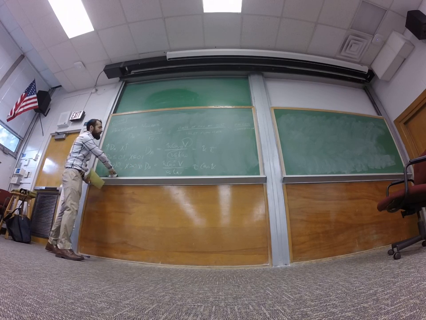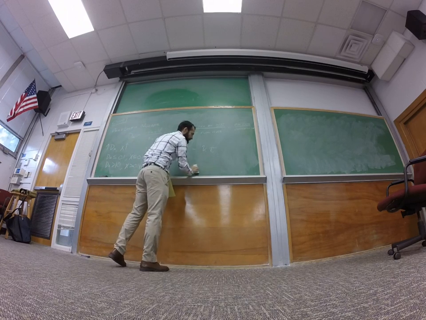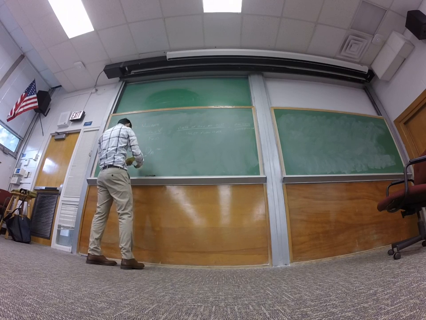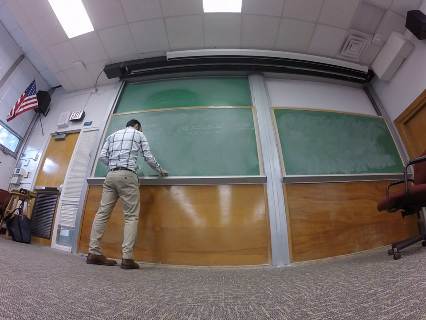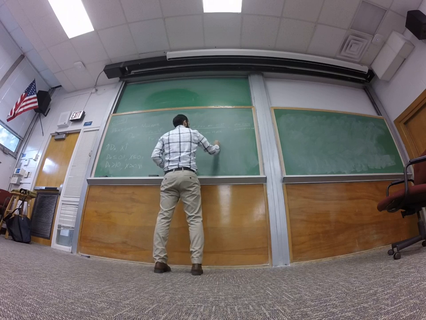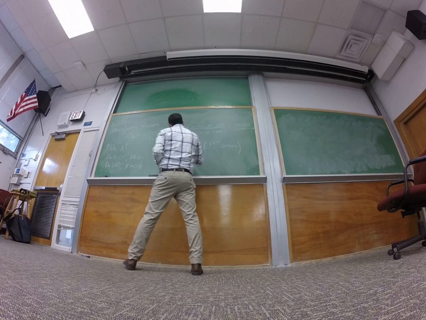In fact, I can write out the Damköhler number in terms of conversion. The other way around, conversion in terms of the Damköhler number. Again, this is for a first order reaction.